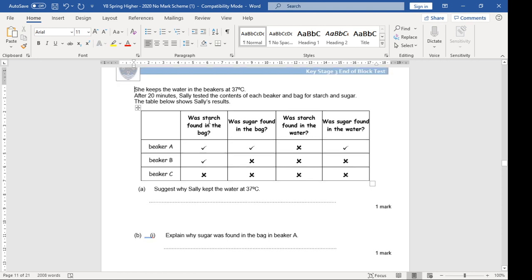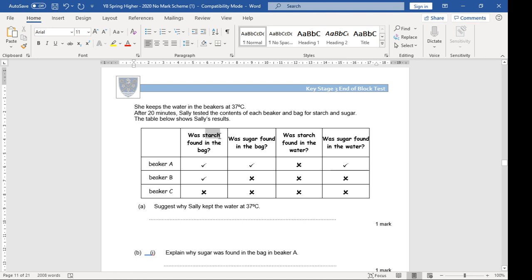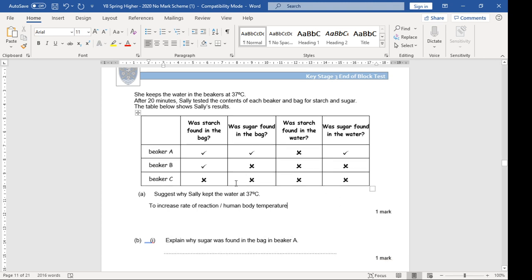So what we're seeing is, was starch found and was sugar found, both in the bag and in the water. Firstly, you keep the water at 37 degrees to increase the rate of reaction, and it's human body temperature. So if you've got saliva, it will work best at human body temperature. That's what it's designed to do.